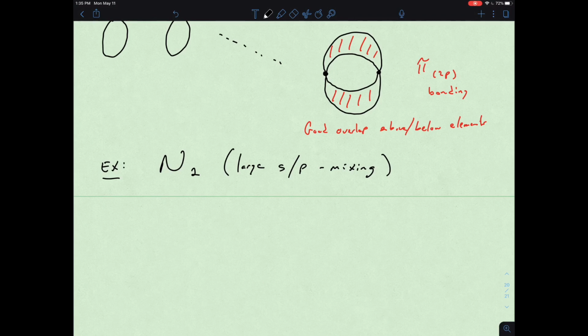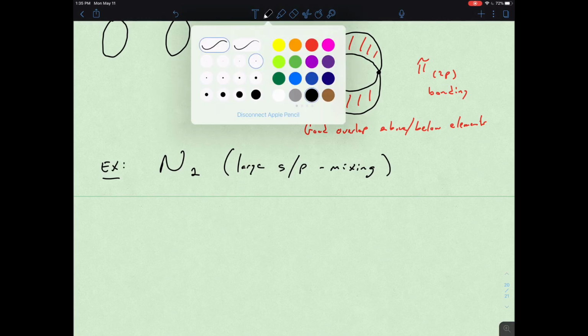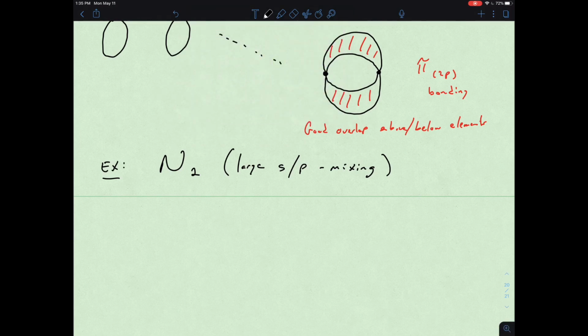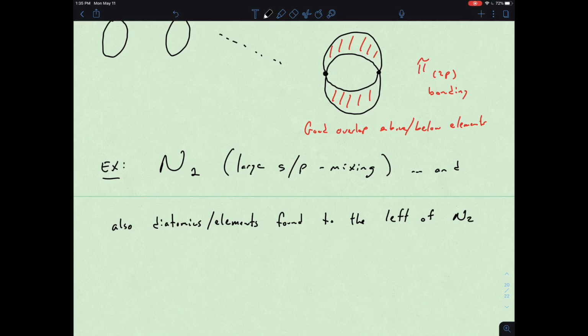So for nitrogen, and also diatomics or elements found to the left of nitrogen, have this MO diagram.